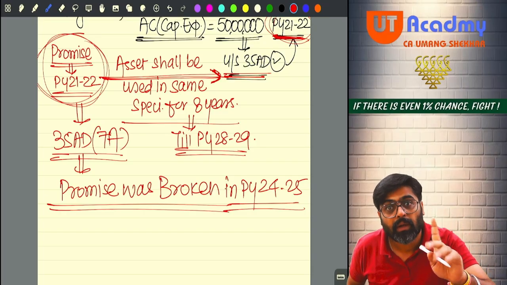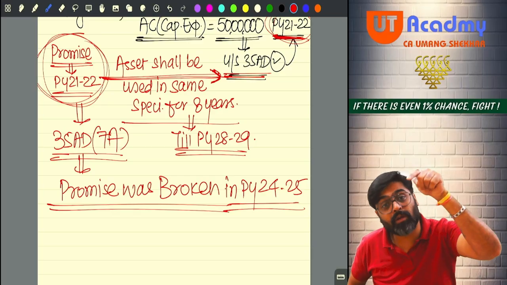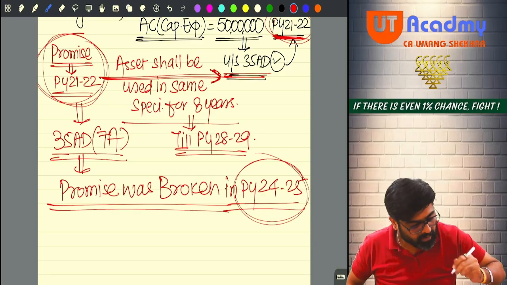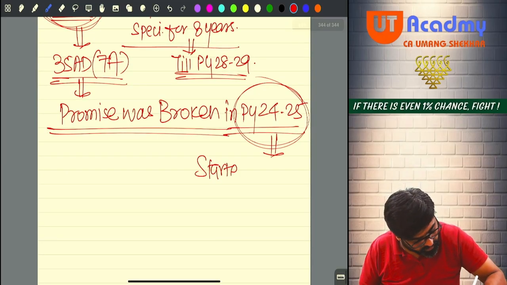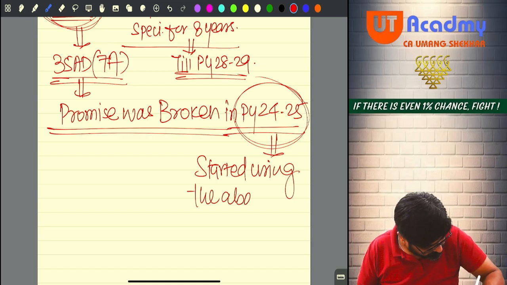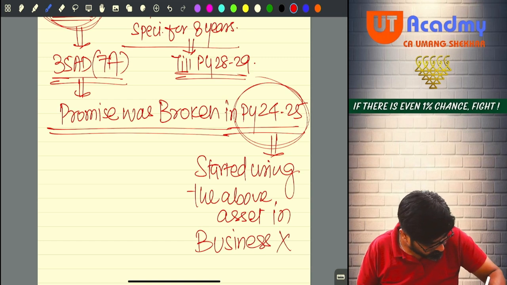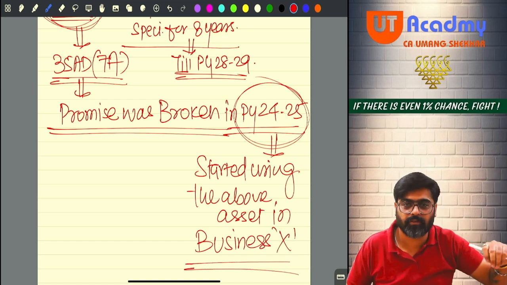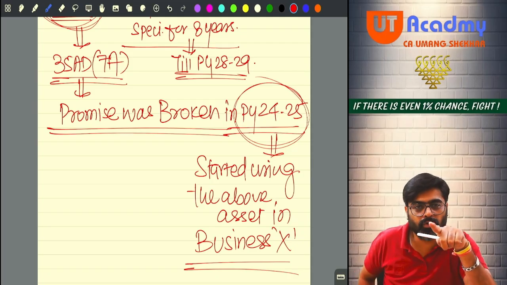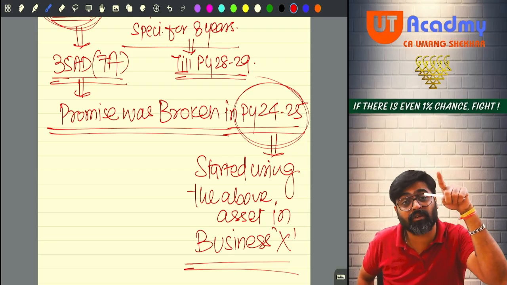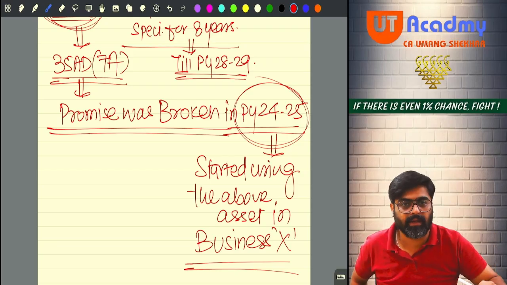But what if in 24-25 only, you started using the above asset in business X, another business? Possible or not? We told you to use this asset in business A only till 28-29.